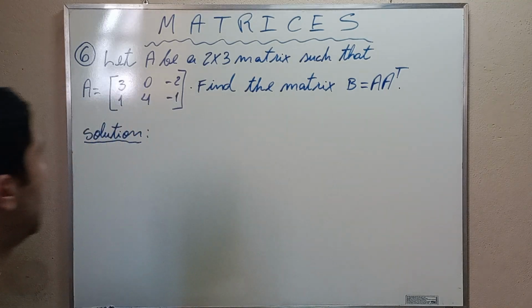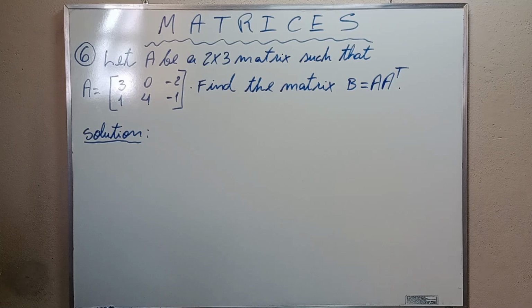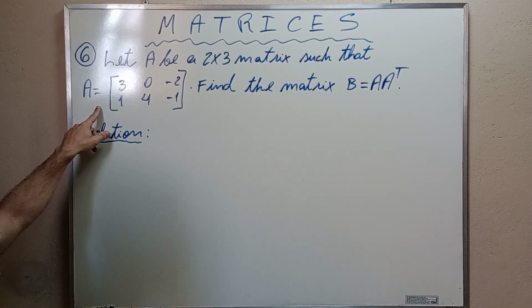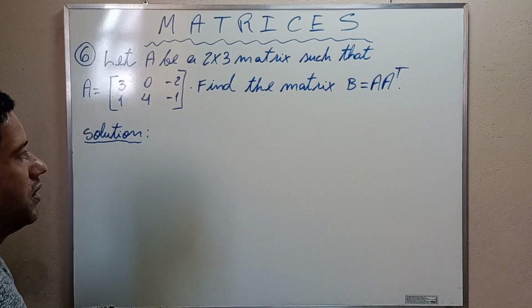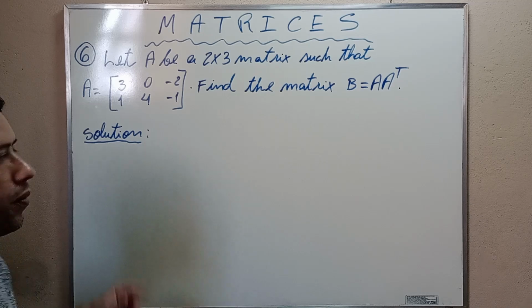Exercise number 6. Let A be a 2 by 3 matrix such that A is this matrix. Find the matrix B equal to A times the transpose of A. Okay, my friends, this is the exercise. Let's go to the solution. By definition, the transpose of a matrix is generated by converting each row of the original matrix into a column. In that sense, if A is this, the transpose of A will be produced by converting its rows into columns.